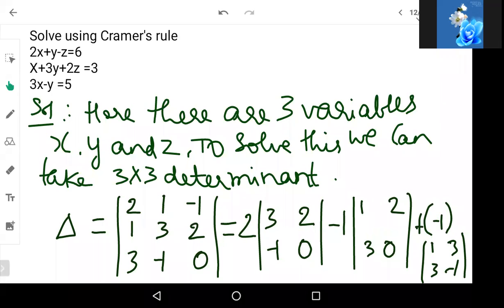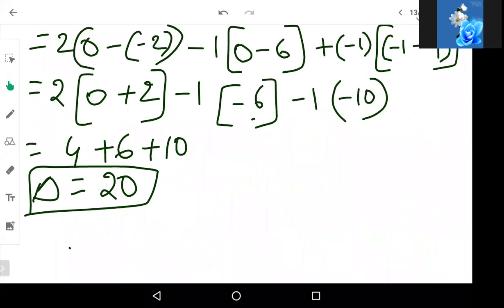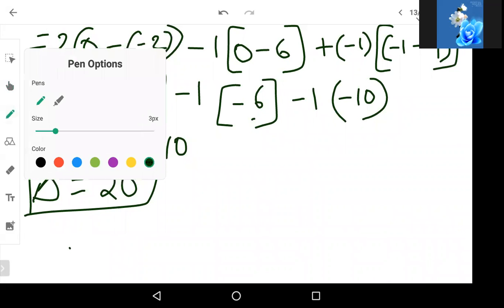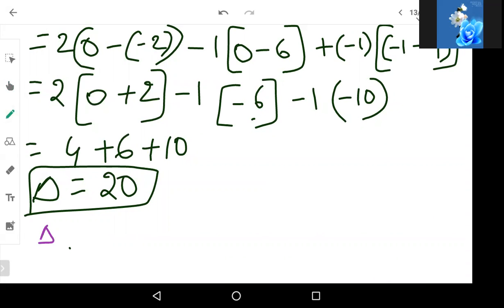Okay. Now let us do that. I'll use a different color here. Now we are calculating delta x. So the first column will become the constant. What is the constant? 6, 3, 5.